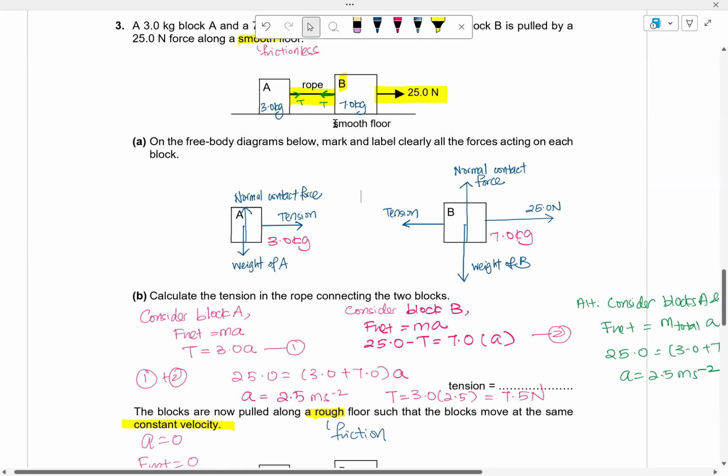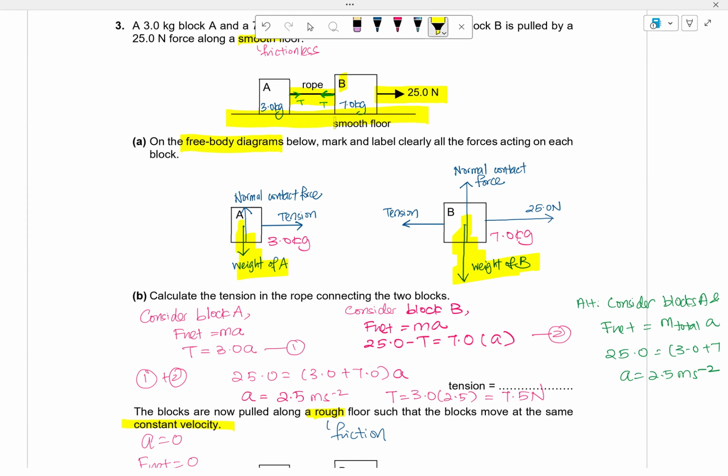Now take note, if we say that we are drawing a free body diagram, that means you must include every single force acting on the blocks. Not only the horizontal forces, but also the weights of the blocks: weight of A, weight of B. And because they're in contact with the floor, the floor will also exert the normal contact force on the blocks.